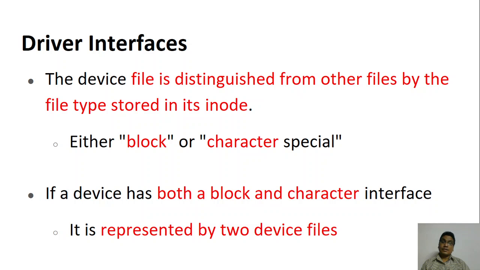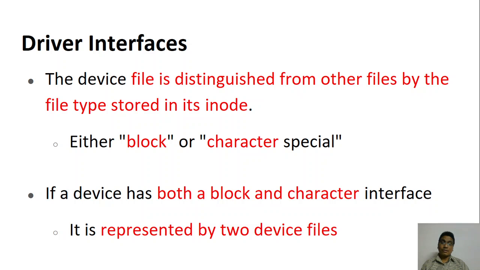A device file is distinguished from the other files by the file type that is stored in the inode. I have already shown you that in order to distinguish between a device file, a special type of file, and the regular file, the inode has a field called type of file, and in that either B or C is written.